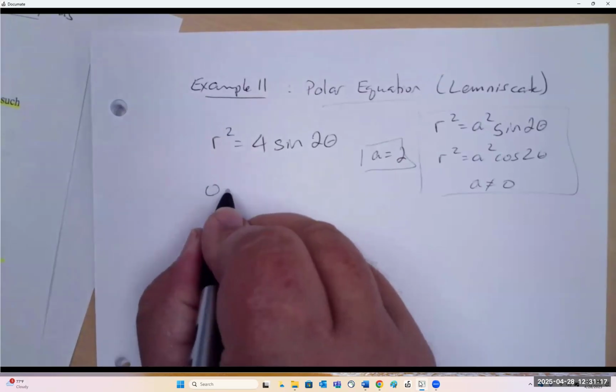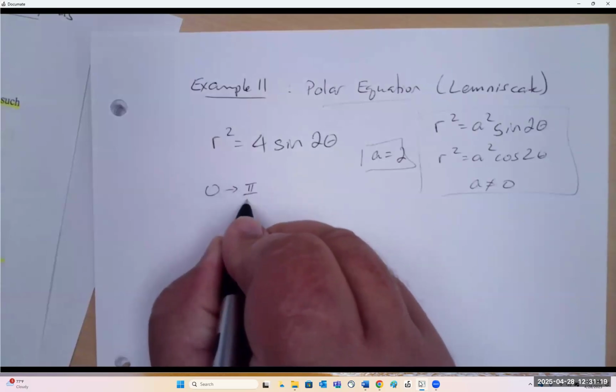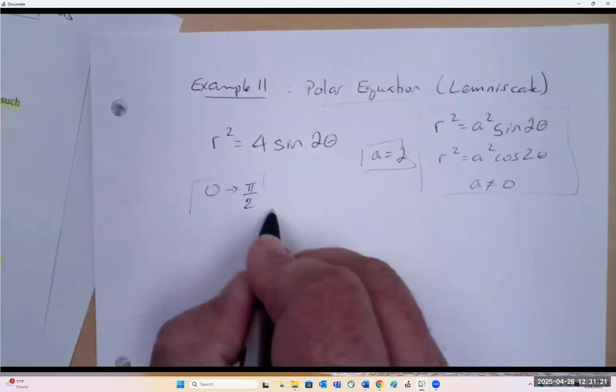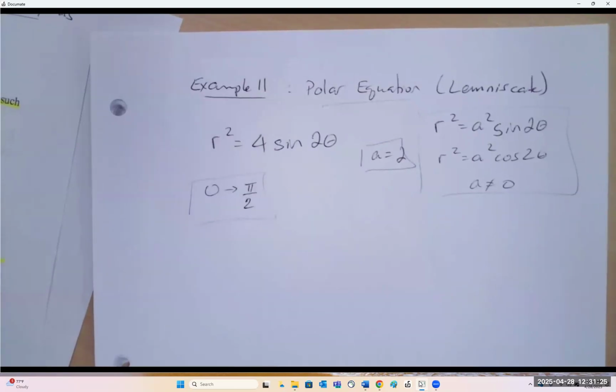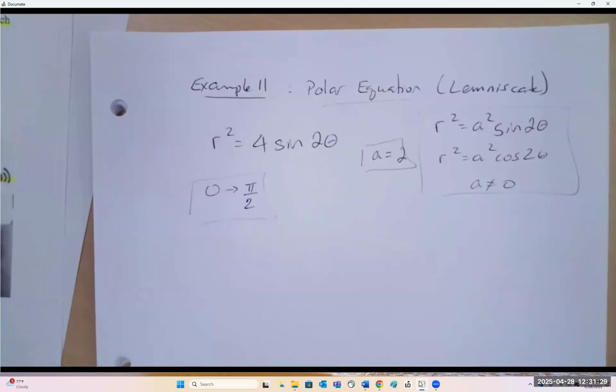We're going to go from 0 to pi over 2, because it's symmetric about the pole and the polar axis.